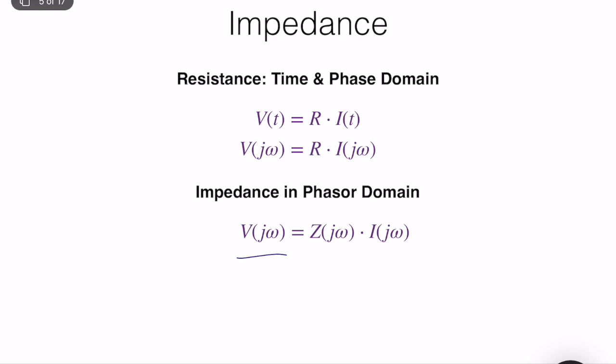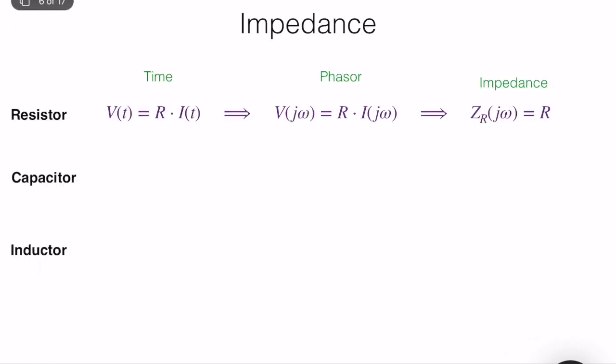The current also should satisfy this. If we have a linear relationship in the phasor domain, we call this constant, which is a complex constant, impedance. So the idea is very simple. Instead of v of t equal to R times i, where R is a real constant, now we have a complex constant.